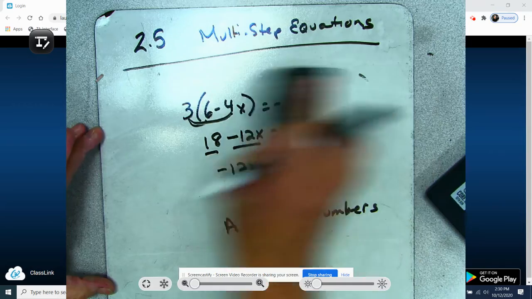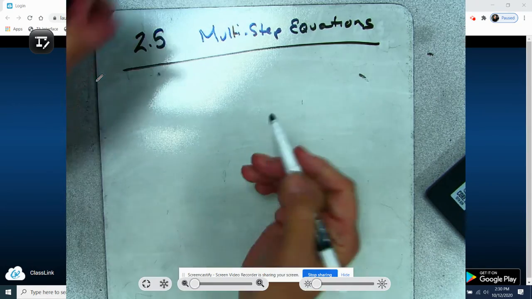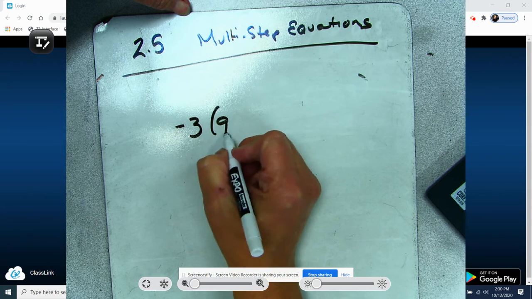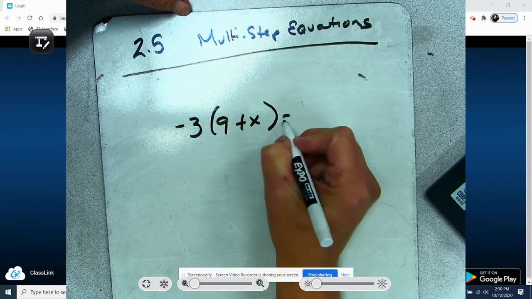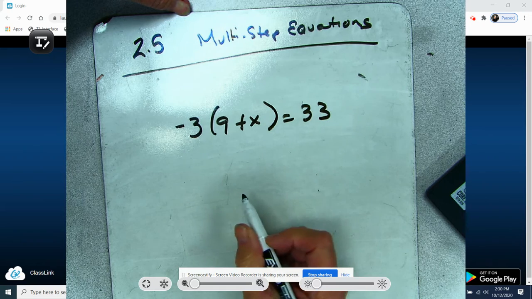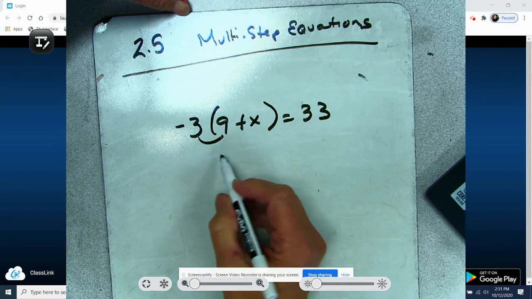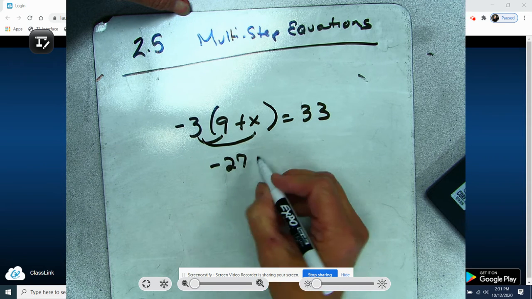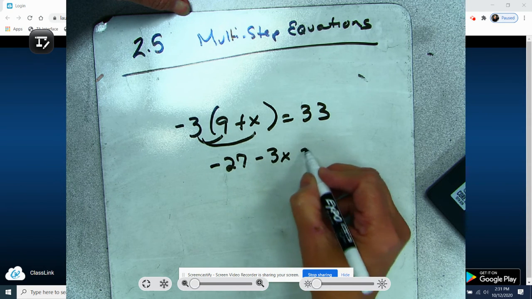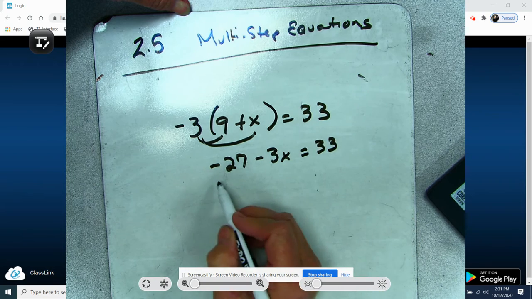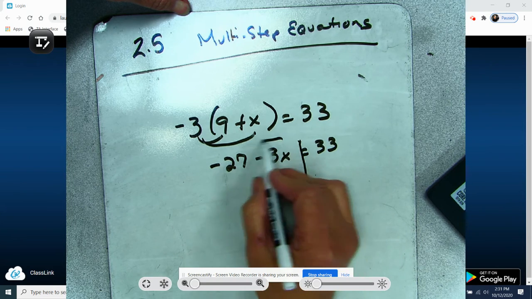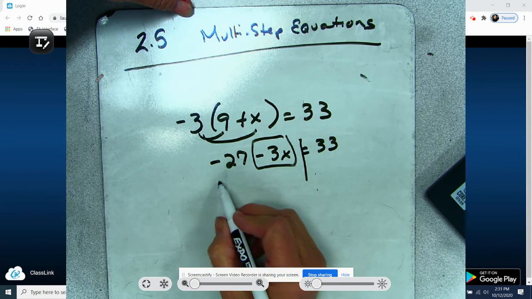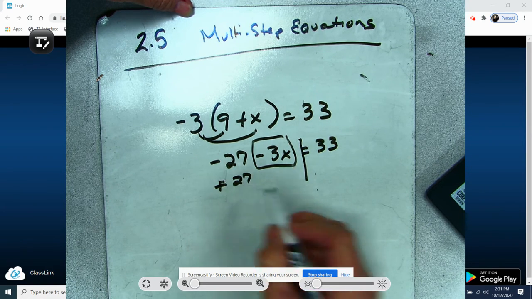What if you had something that looked like this? Say you had negative 3 times 9 plus x equals 33. You're going to distribute negative 3 times 9 to get negative 27. Negative 3 times x is going to be negative 3x equals 33. You're going to put up your fence, put a box around your variable, add the opposite of negative 27, which is positive 27.